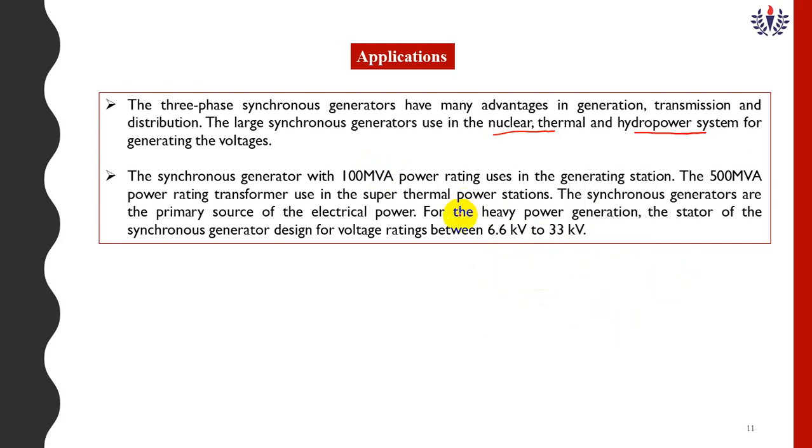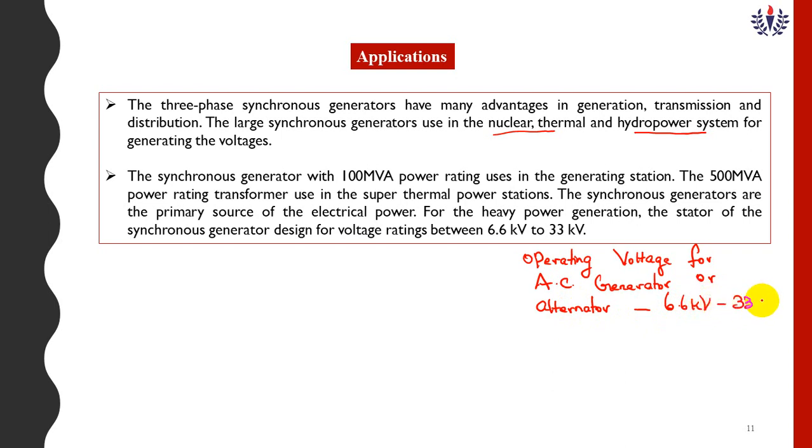The operating voltage for AC generators or alternators is 6.6 kilovolt to 33 kilovolt.